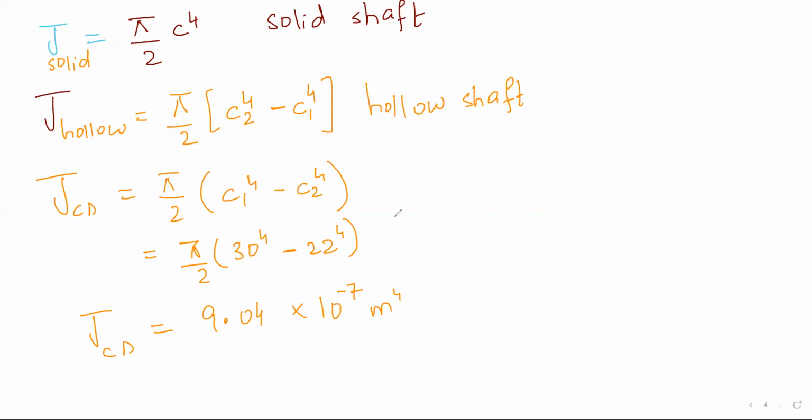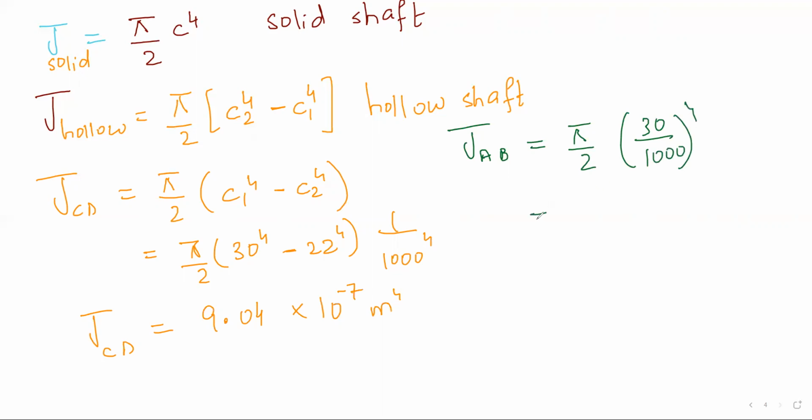So I will do 1 by 1000 power 4, okay? And what about JAB? It is equal to pi by 2 into 30 by 1000 power 4, which is equal to 7.95 times 10 power minus 8 meter power 4.